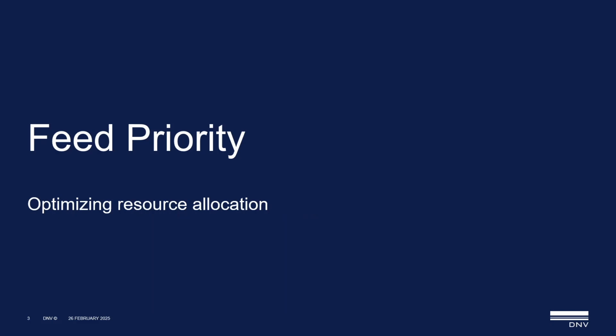Now, different feedstocks may have different cost and availability, and prioritizing feeds ensures that the most cost-effective and efficient feed are used first. Hence, we have included feed priority in this release.